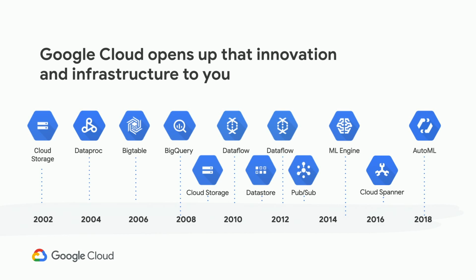Now you don't even need to know all the details. You just need to know as a user and start to do something here, right? Because in 2002, we started publishing those papers, and those papers in the end became all those services for you. And even the latest one, in 2018, wow, you get AutoML.